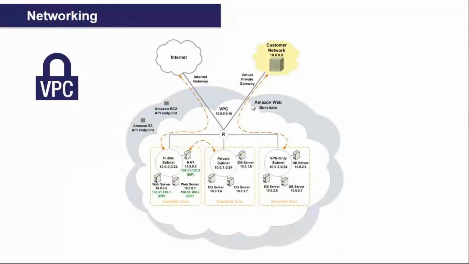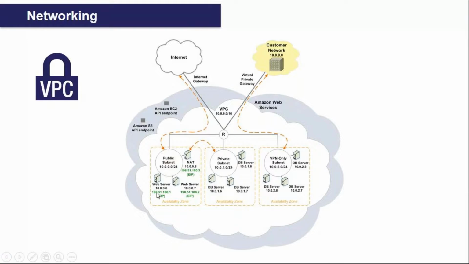So this is a typical scenario of a VPC. By this example, you can understand how a VPC looks. Over there is the internet, this is a customer network, and this is the cloud VPC you have hosted in AWS. So a VPC is nothing less than a traditional IT network.